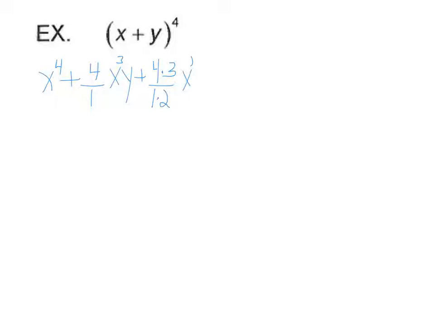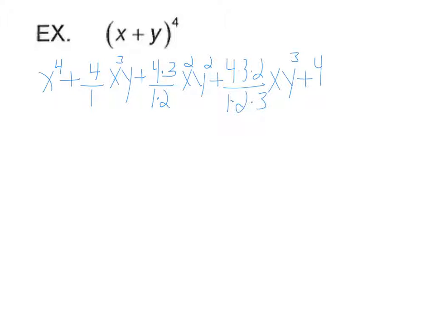The x goes down a power, the y goes up a power. Then it's 4 times 3 times 2 over 1 times 2 times 3. You see how what's on top is going down and what's on bottom is going up. The x goes down a power, the y goes up a power.